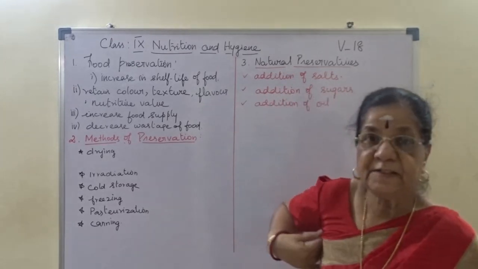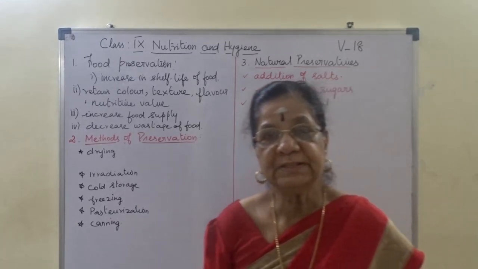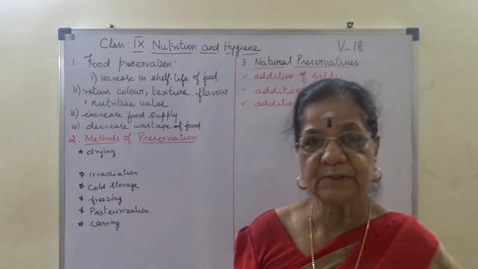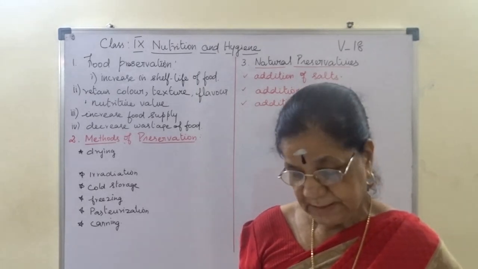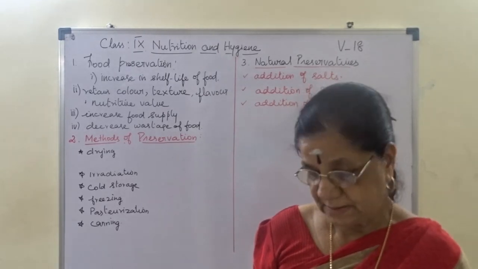Next, freezing is one of the widely used methods of food preservation, especially for non-veg items. It is kept in a freezer; cold storage is alone. Freezing is one of the widely used methods of food preservation.